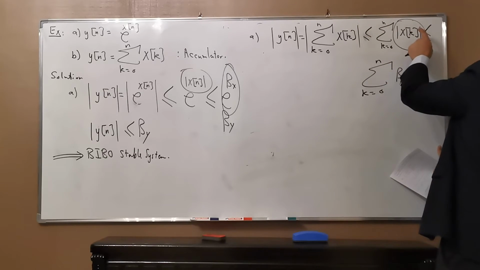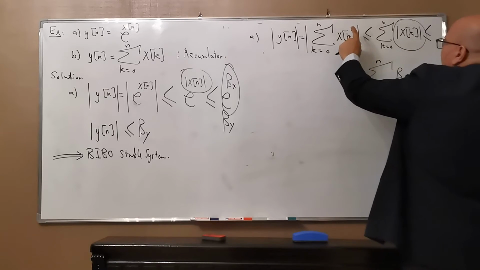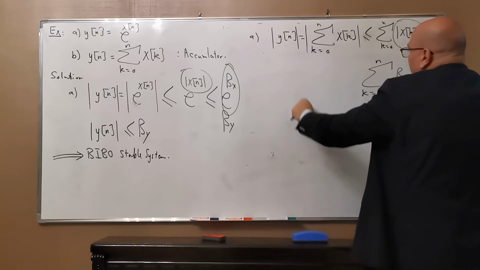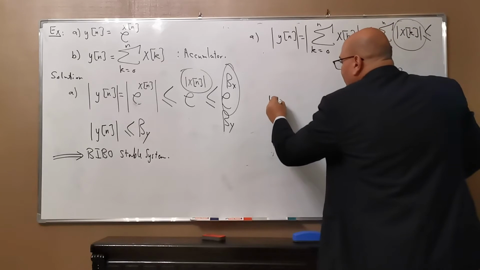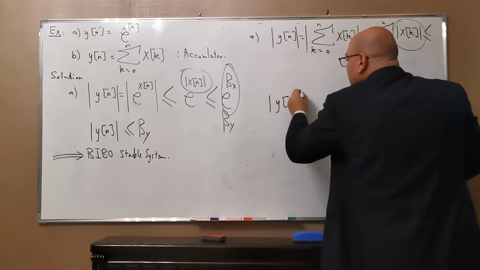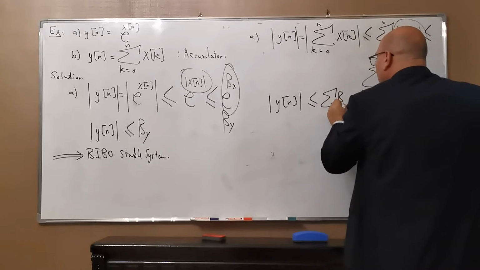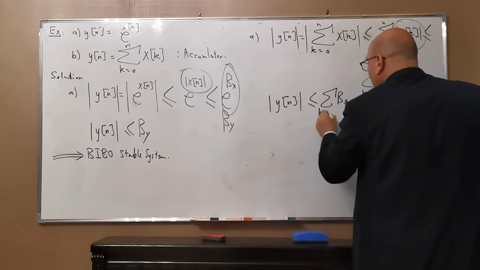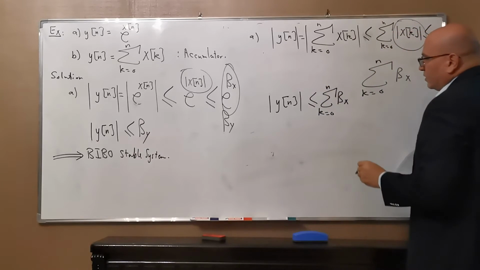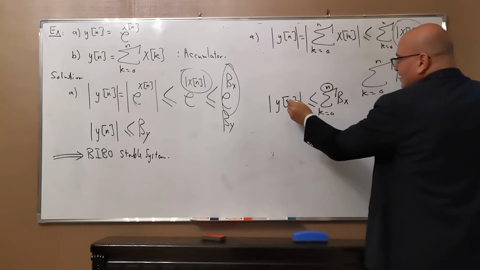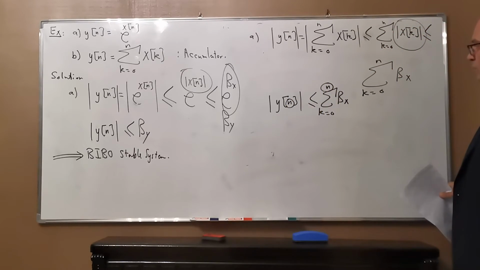And this one is definitely greater than this sum, definitely greater than this one, equals to this one. So we have y of n less than or equal to the summation of beta x from k equals 0 up to n. Notice that this n here is the same index as here.